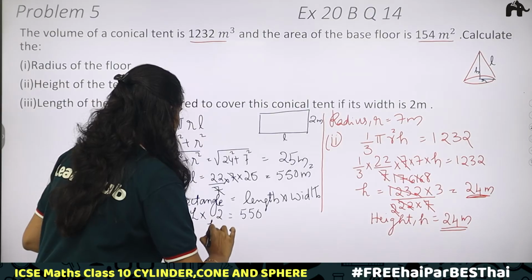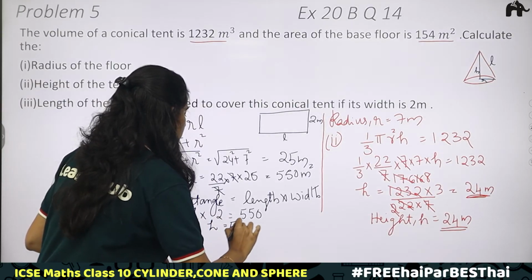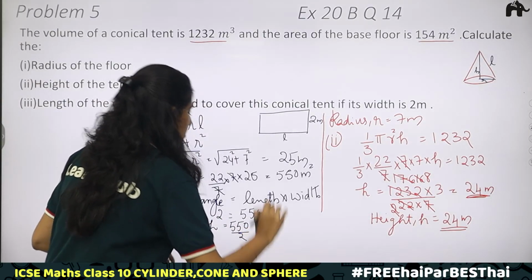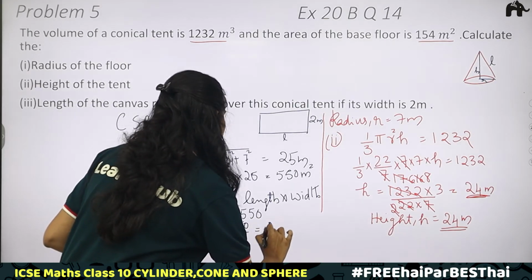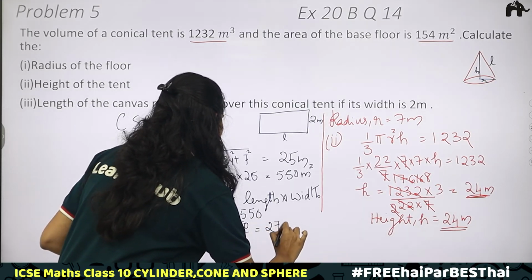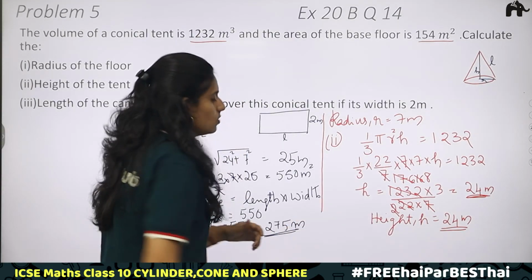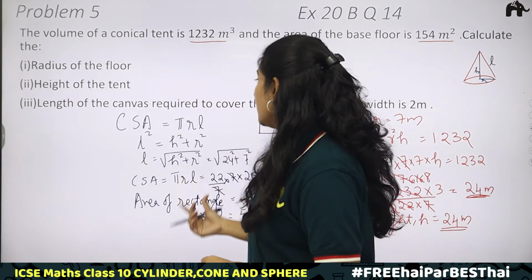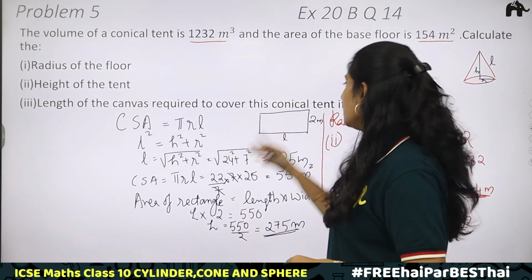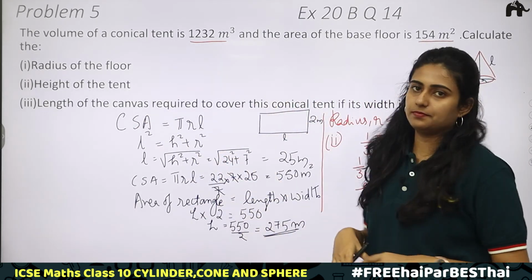Now length L will be equal to 550 divided by 2, that is equal to 275 meters. Okay, 275 meters is the length of the canvas that is required to cover this conical tent.